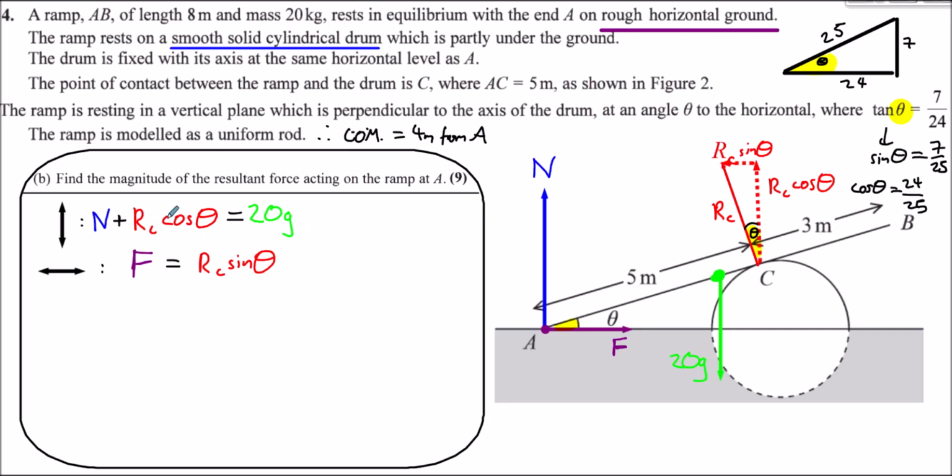For this one here, because I know that cos theta is 24/25, I can say that N plus 24/25 lots of RC equals 20g. Similarly for F, using that sine theta is 7/25, I can say that force F will be 7/25 of RC.